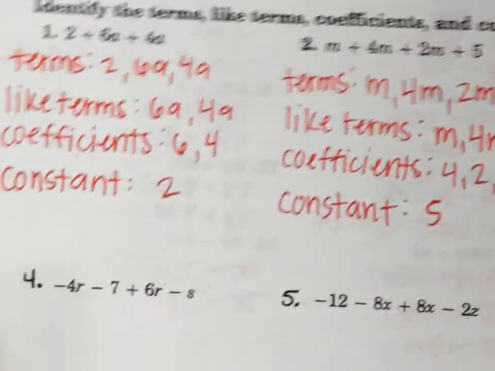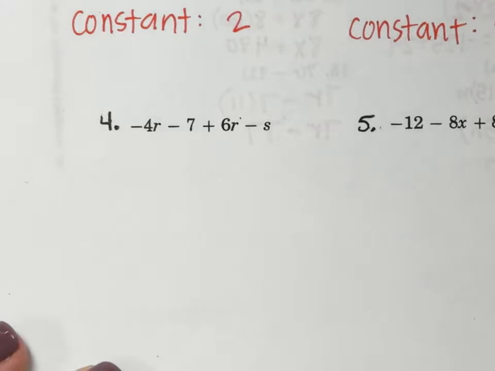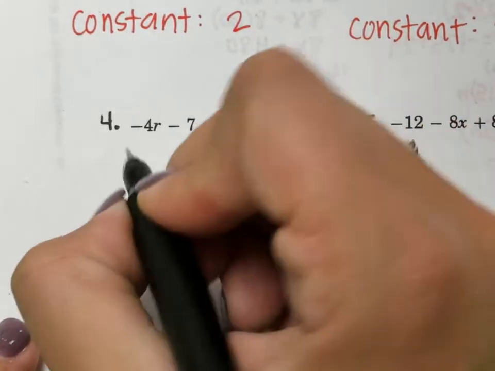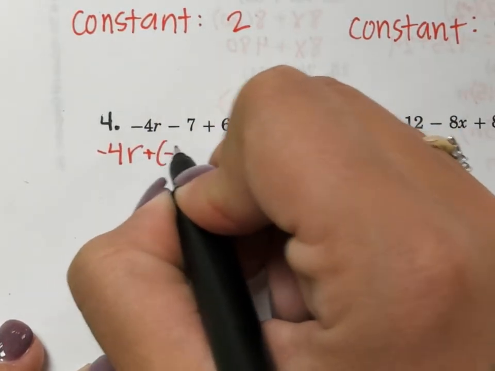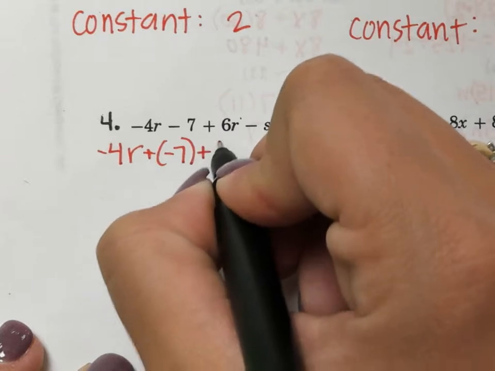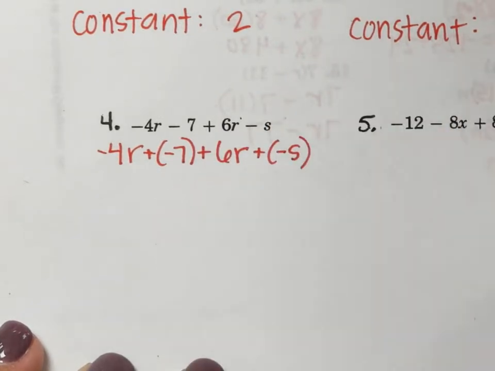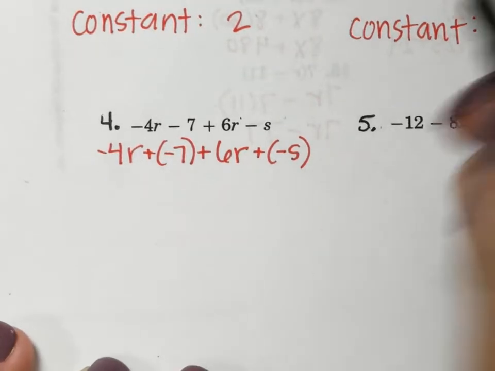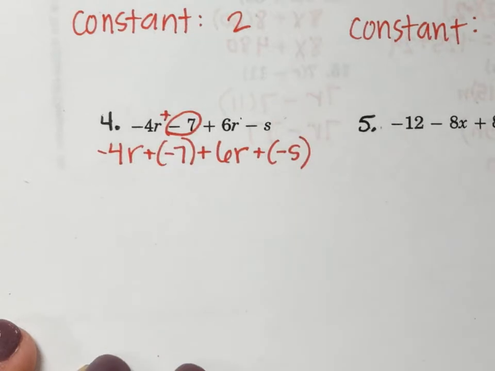All right, number 4. What am I going to do first? Making an addition problem. So I have negative 4R plus negative 7 plus 6R plus negative S. So remember, we're circling that minus 7 and we're adding an addition sign in between.